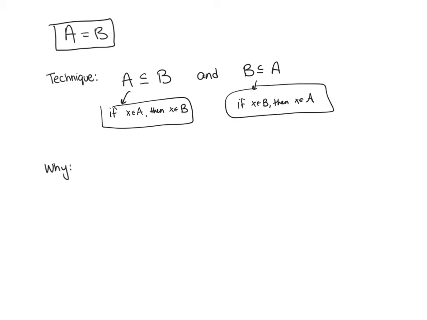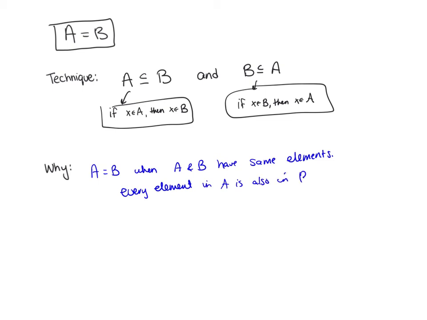So let's think about why this is true. Why is that what we want to do? Well, we know that A equals B when A and B have the same elements. So what we're saying is if they have the same elements, then every element in A is also in B, and every element in B is also in A. And as long as both of those two things are true, then we can't have anything extra in our set.